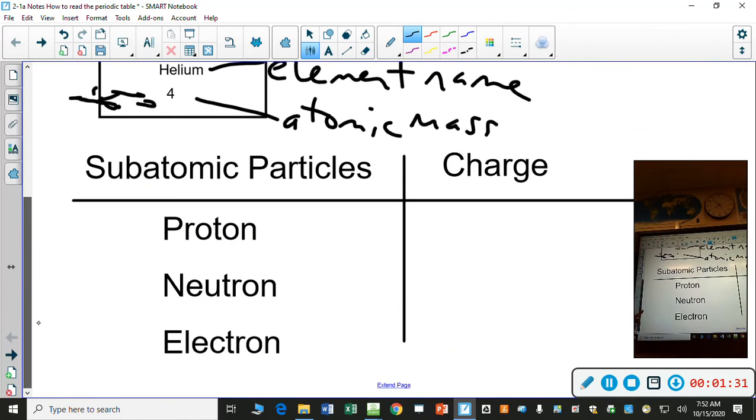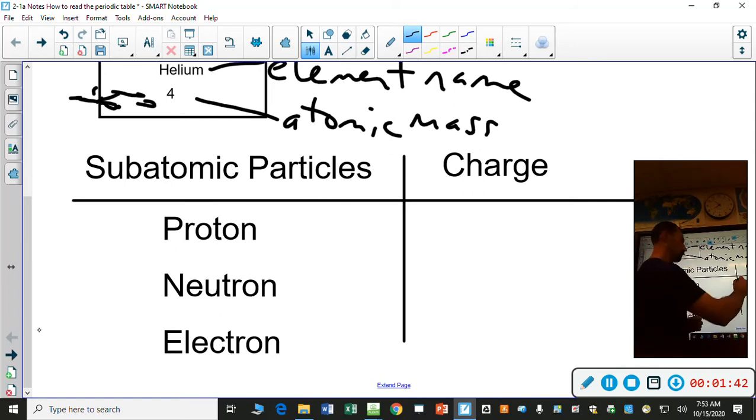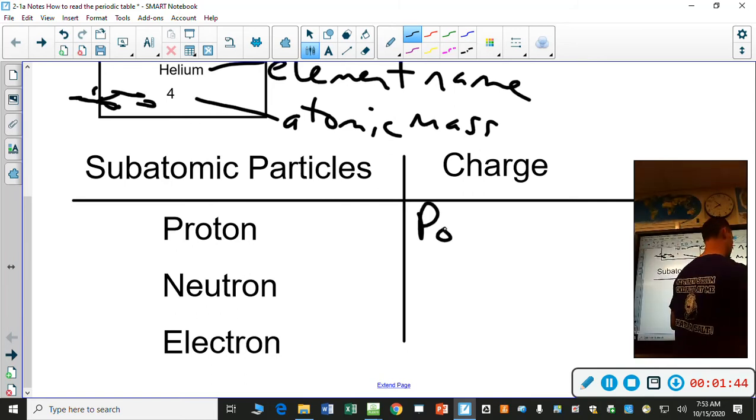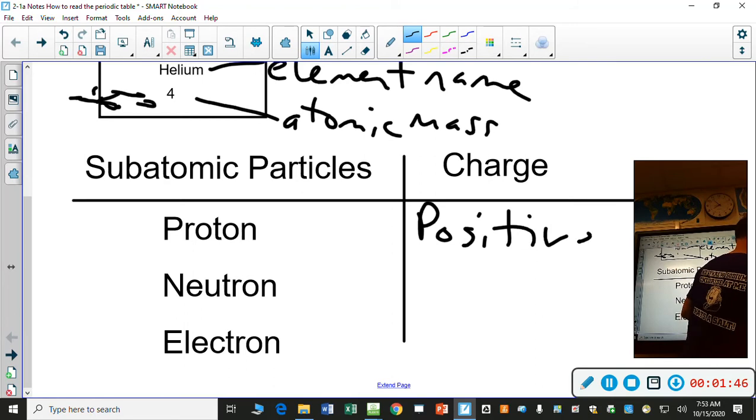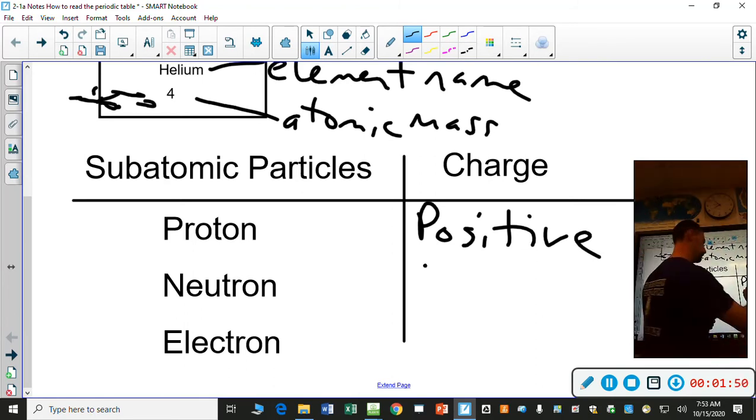Let's go down to the bottom. Subatomic particles, you need to be familiar with once again, and you need to know their charges. So protons, as you guys know, remember the positive charge, be positive like a proton. Neutrons, remember, are neutral.